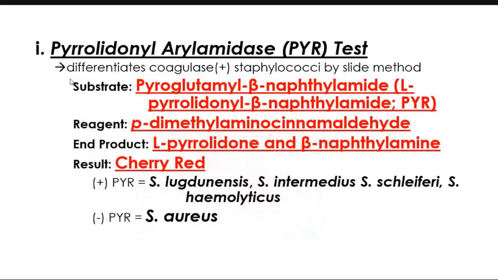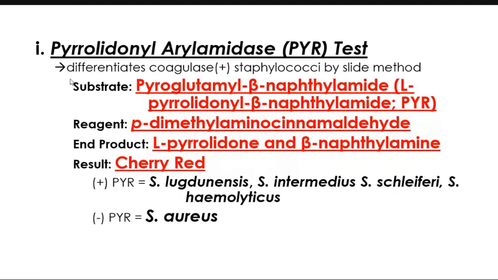And then you have also, may PYR pa pala siya. So we also have our pyrrolidonyl arylamidase test or the PYR. Differentiates again your coagulase positive staphylococci by slide method. Now, if we're talking again of our coagulase positive staphylococci, isa lang naman ang coagulase positive staphylococci natin. Siyempre, not disregarding lugdunensis.